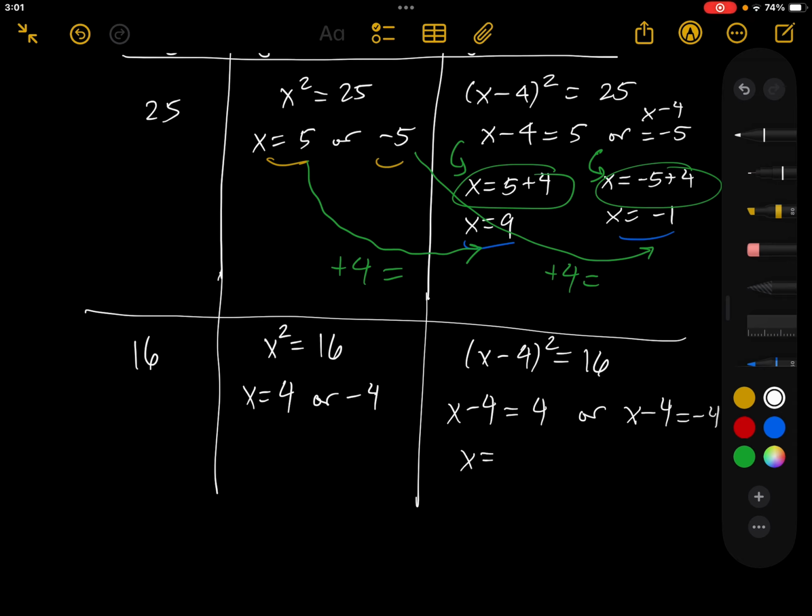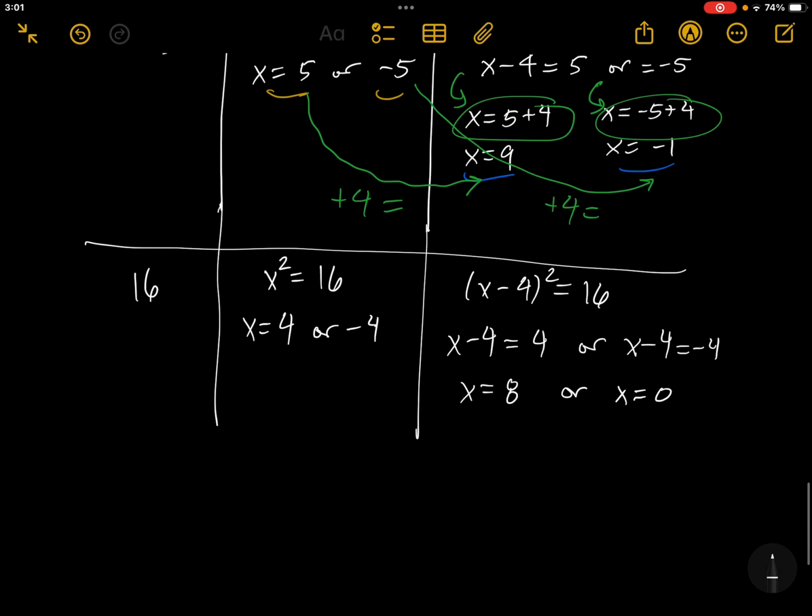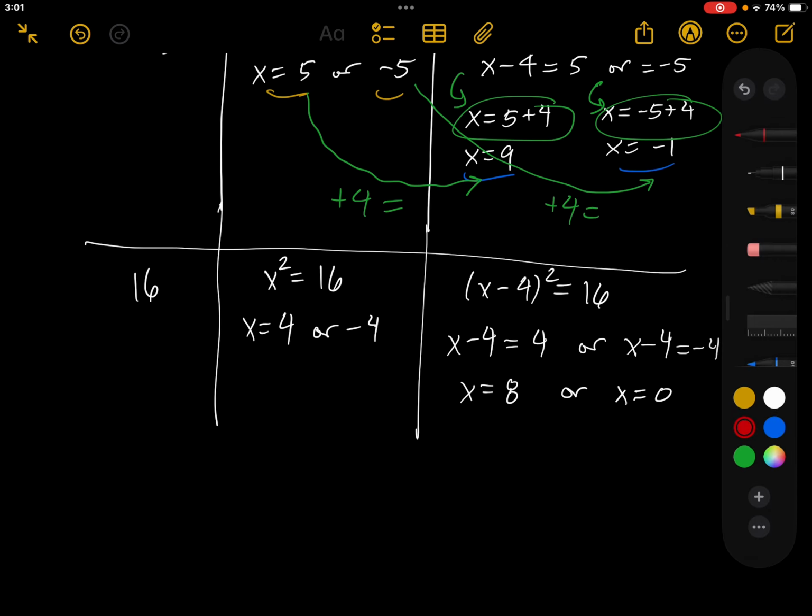And if x minus 4 is 4, then x is 8. Otherwise, x minus 4 is negative 4, that's x equals 0. And again, notice what happened. When it's x squared equals 16, I get 4 or negative 4. If I add 4, I get the values of x when x minus 4 in parentheses squared is 16.